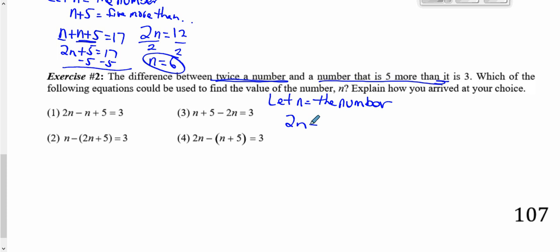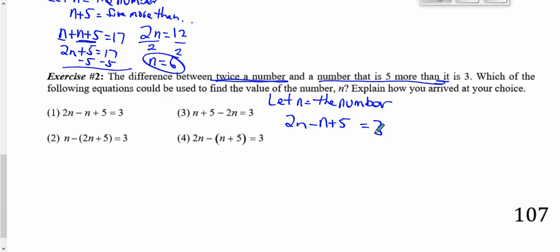N plus 5. Well, hang on, it equals 3. Now, is this correct? Because it's the difference between twice the number and this entire number that's 5 more than it. All we're subtracting here is the number again, and the 5 just gets tacked on.